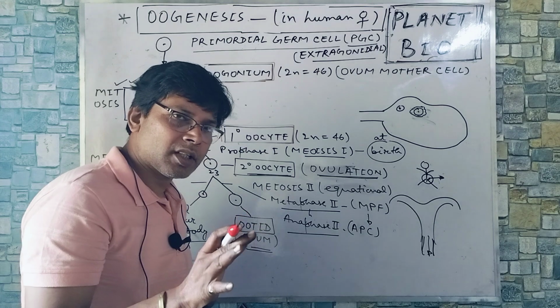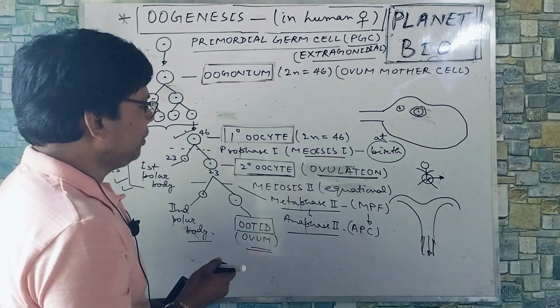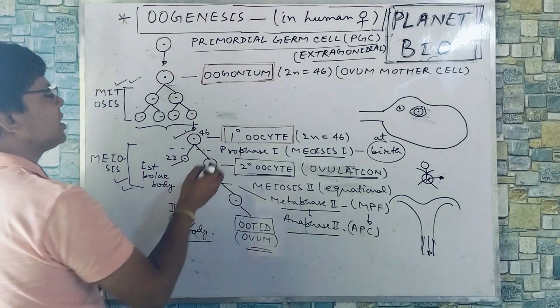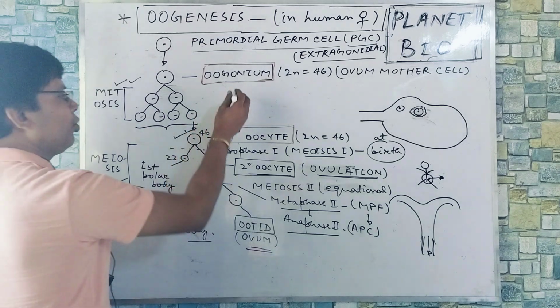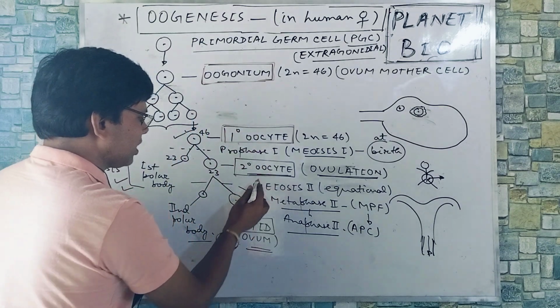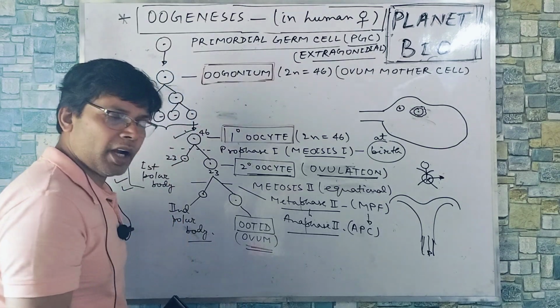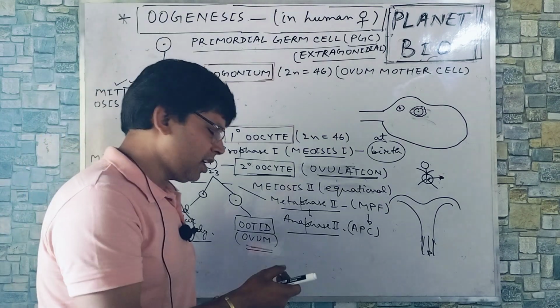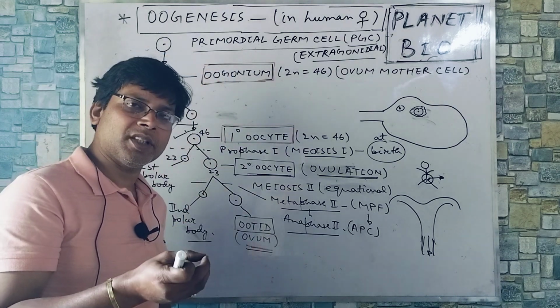It is not like spermatogenesis. It is quite different, and every time one functional structure is formed. One oogonium, one primary oocyte, one secondary oocyte, one ootid or ovum. So a single haploid functional ovum has been formed. This is called oogenesis.